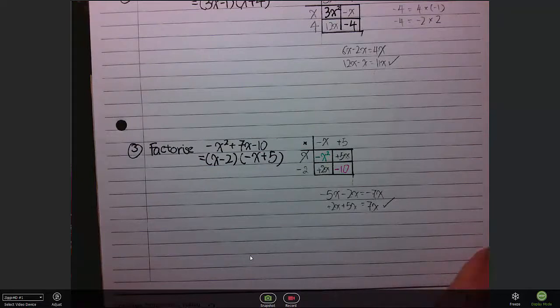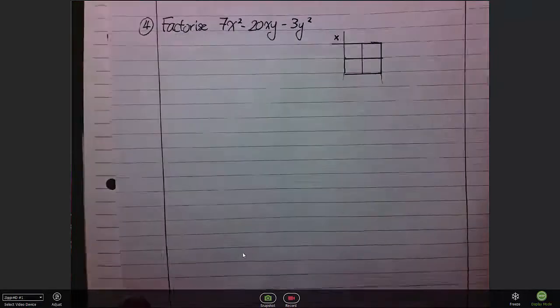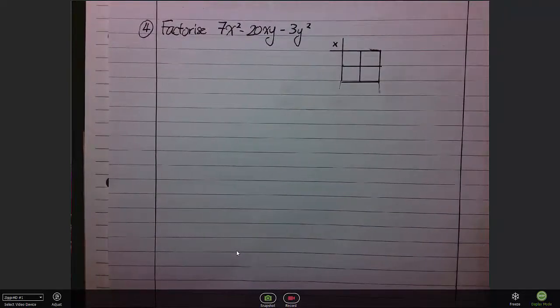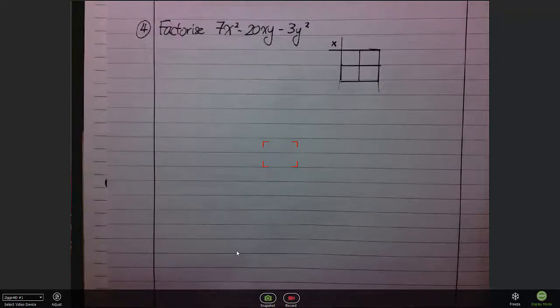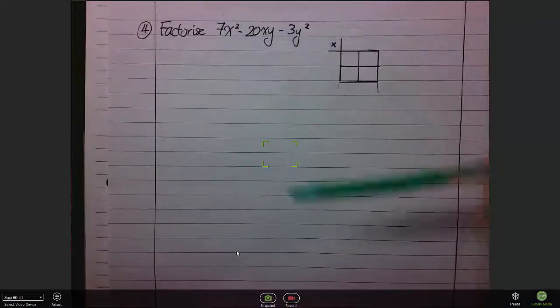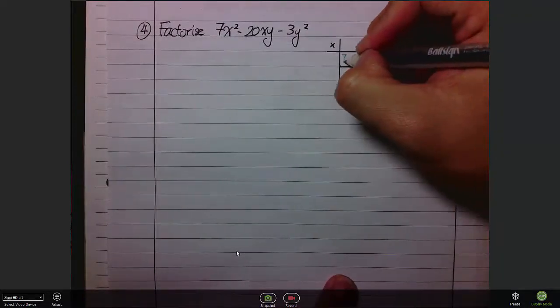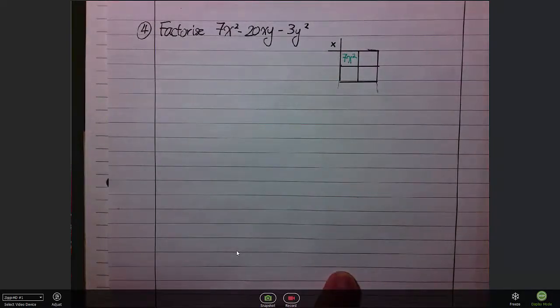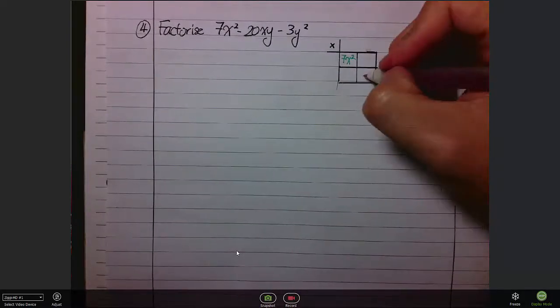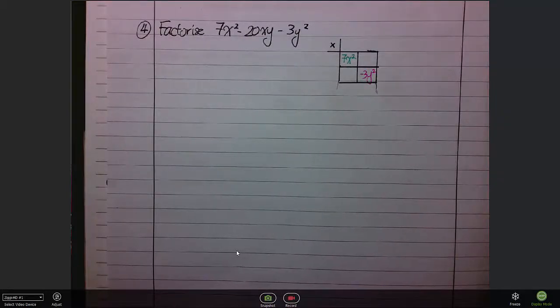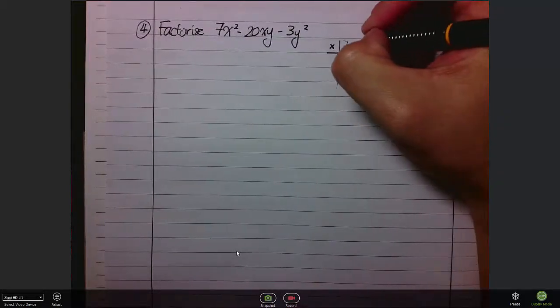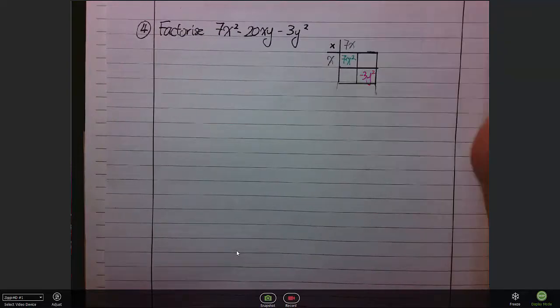Now I move on to my final example, number 4. Let me focus. First, 7x squared, I write it down, and over here I have negative 3y squared. Very quickly, 7x squared can be written as 7x times x.